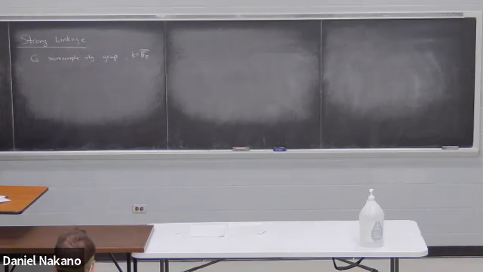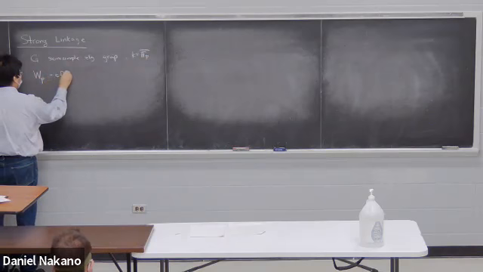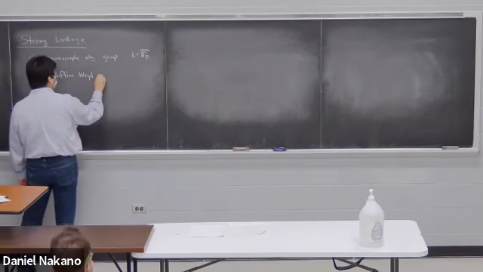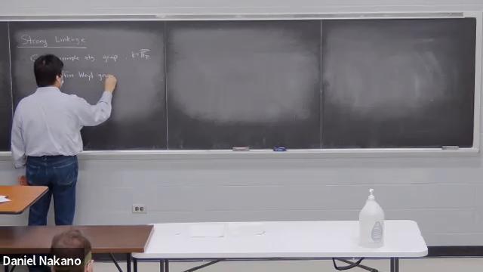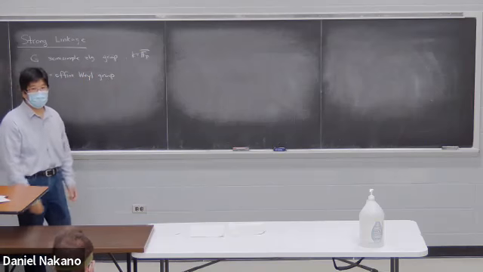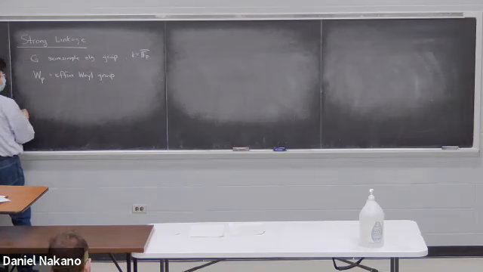And what was important in the representation theory is the affine Weyl group. And last time we actually stated strong linkage. So here's, let me call this strong linkage version 1.